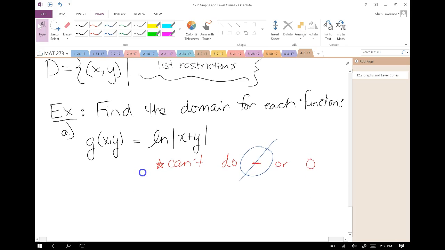So we still need to make sure that x plus y doesn't ever come out to be 0. And we need to solve it for one of them. Doesn't really matter which.